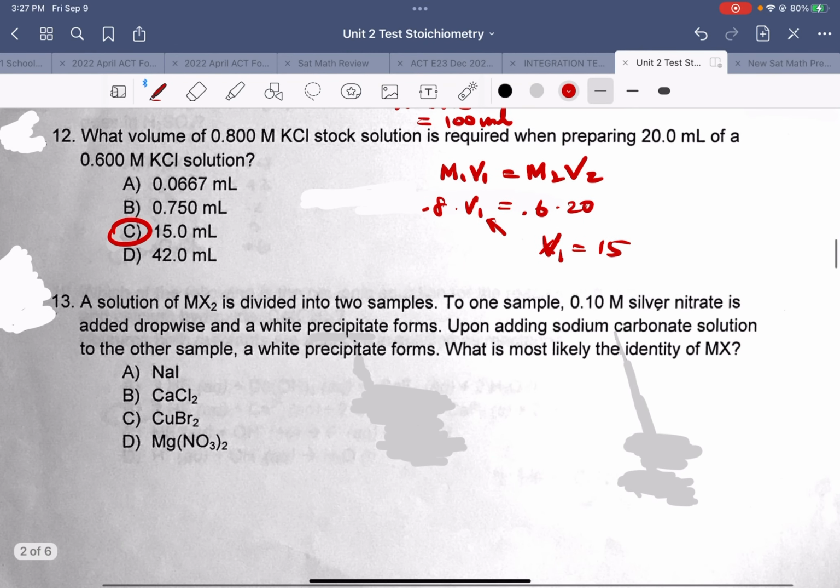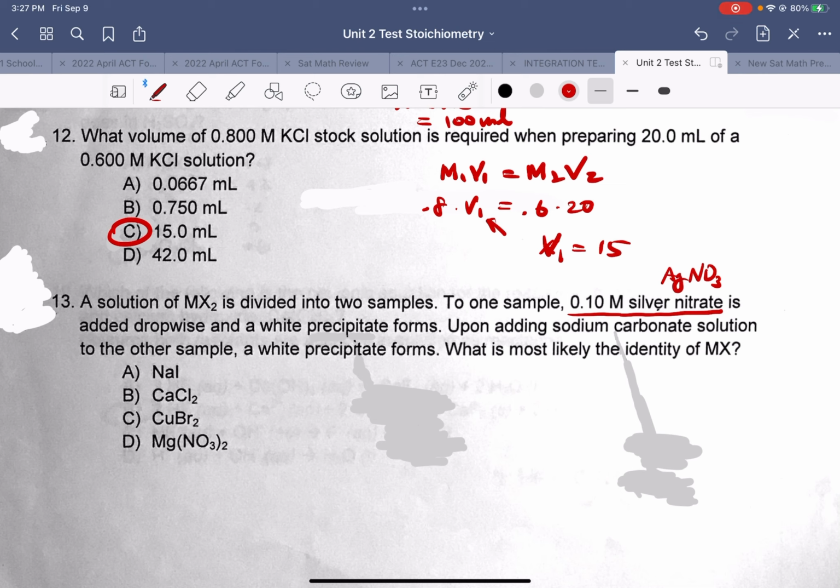Number 13, a solution MX2 is divided into two samples. To one sample, 0.1 molarity silver nitrate is added dropwise, and a white precipitate forms.